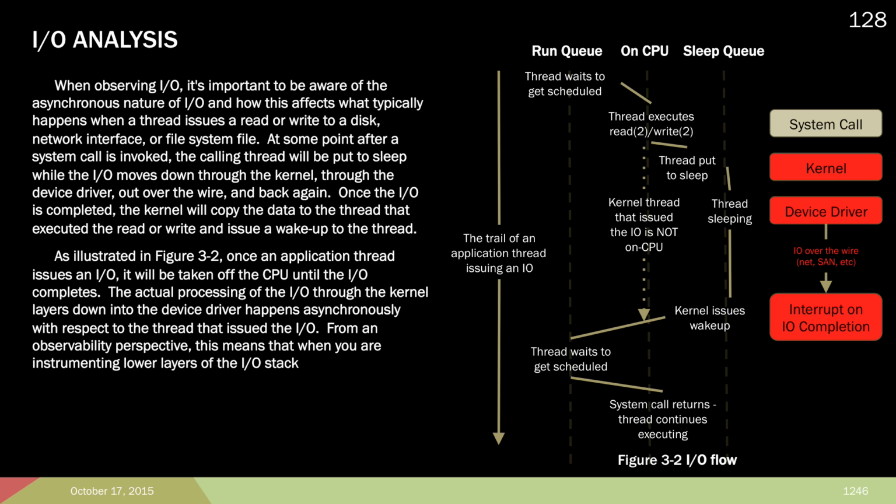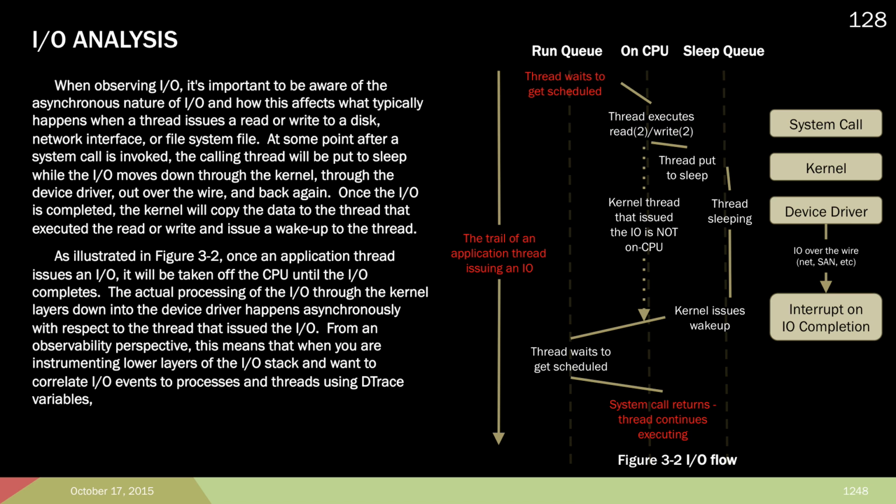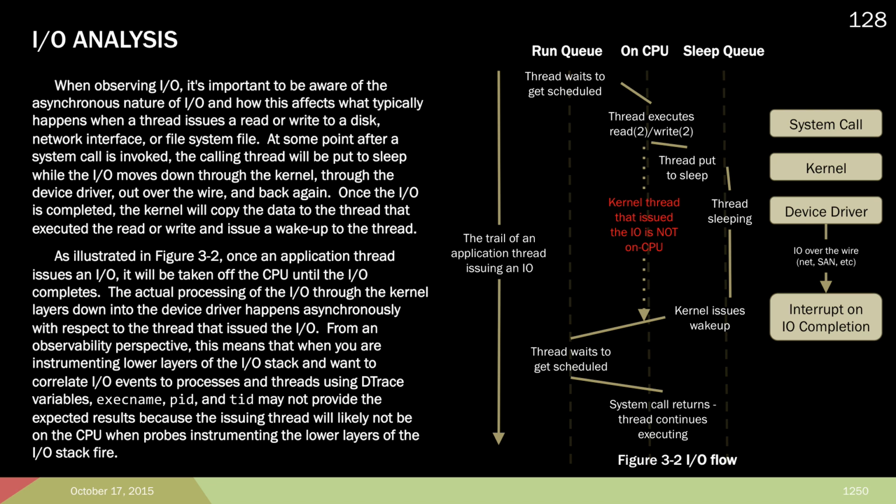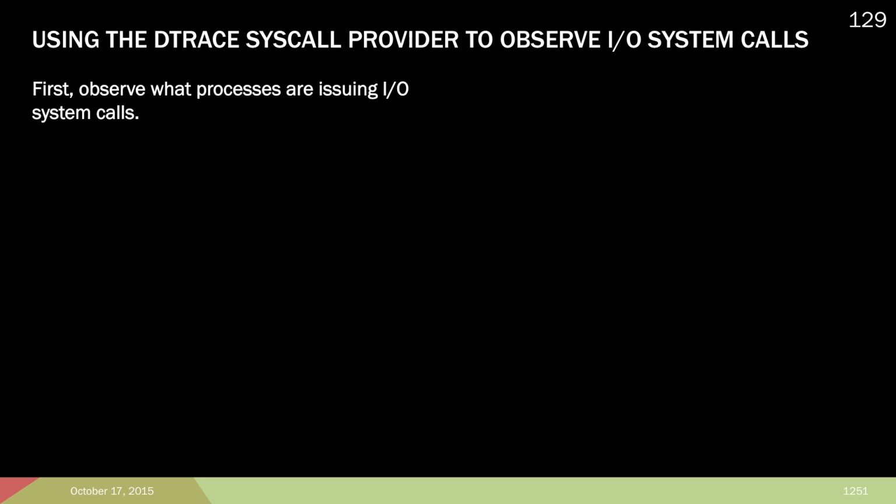From an observability perspective, this means that when you're instrumenting lower layers of the I/O stack and want to correlate I/O events, processes and threads using DTrace variables, exec name, PID, and thread ID, may not provide the expected results because the issuing thread will not likely be on CPU when the probes instrumenting the lower layers of the I/O stack fire. First, observe what processes are issuing I/O system calls.